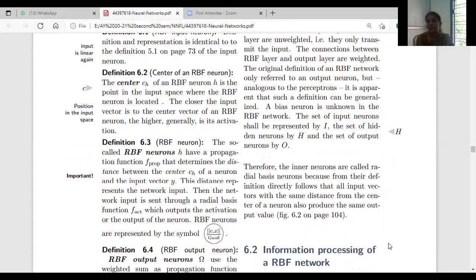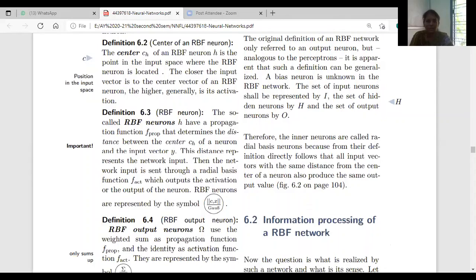Next, the RBF neuron. The so-called RBF neuron has a propagation function, which determines the distance between the center of the neuron and the input vector. This distance between the center of the neuron and the input vector represents the network input. Then the network input is sent through the radial basis function, which outputs the activation of the neuron.